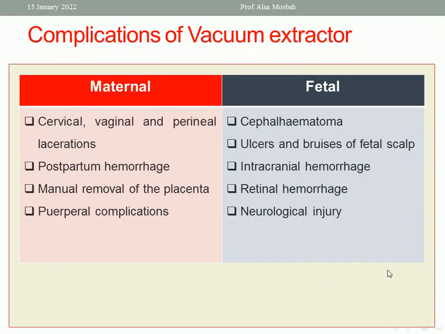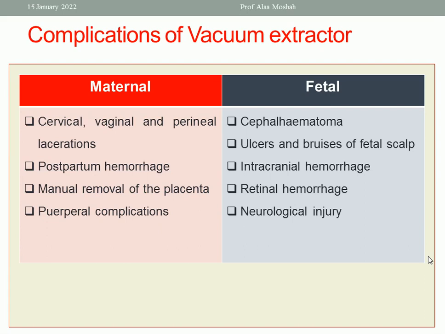What are the complications of the vacuum extractor as regards the maternal and fetal ones? Yes, cervical, vaginal, and perineal laceration can happen, but of course, if it happens, it is less than what may happen if you are using forceps delivery. So vacuum is safer as regards maternal injury, cervical, vaginal, and perineal laceration.